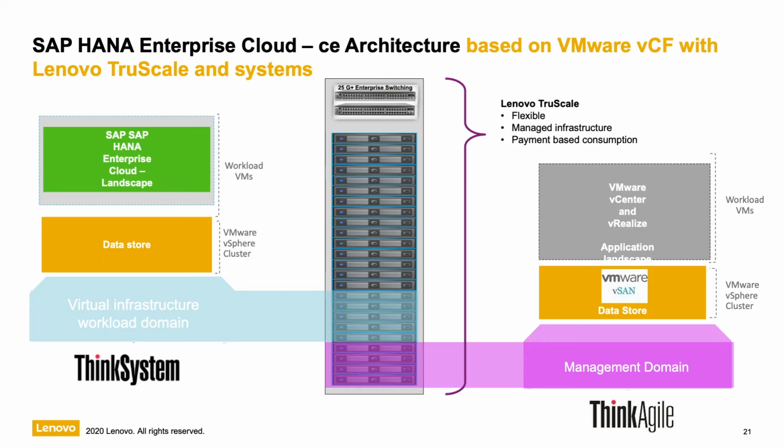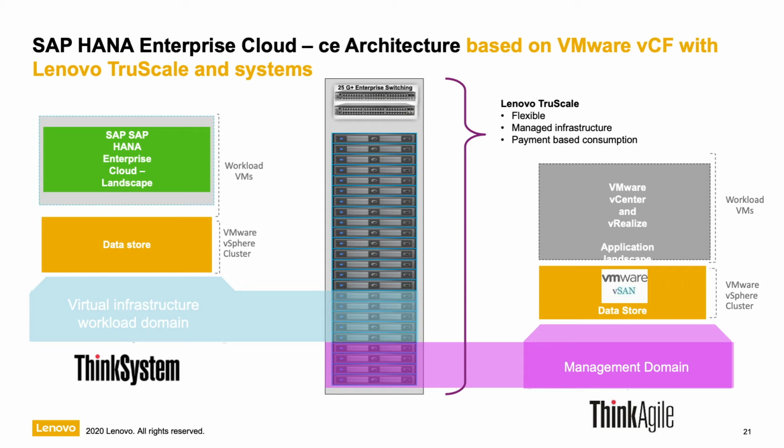Let's dig into this a little bit more. So what you see here is a high-level solution reference architecture that Ron was referring to. And at the infrastructure layer, you see 2 Lenovo constructs. On the right-hand side, starting with the management domain, you see ThinkAgile VX based nodes being used to deploy the management servers.